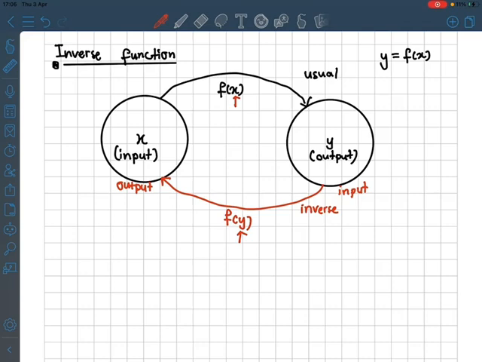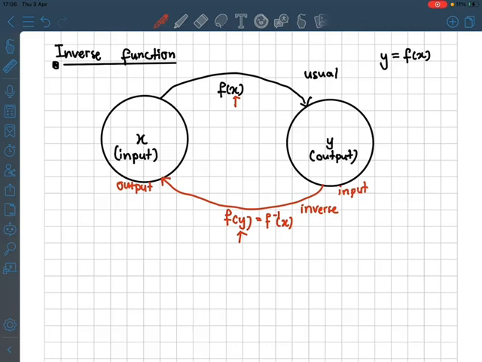So what we do is we write f inverse. This is not power -1. This means inverse, f inverse of x. So that's how we represent inverse function. We have two ways to represent it, either f of y or f inverse of x. So this is similar.